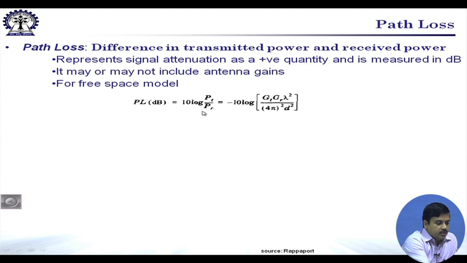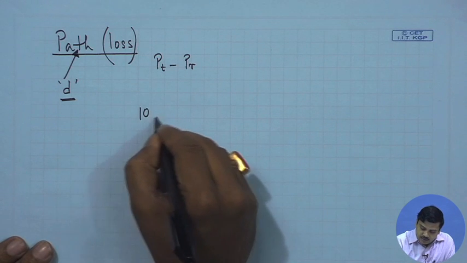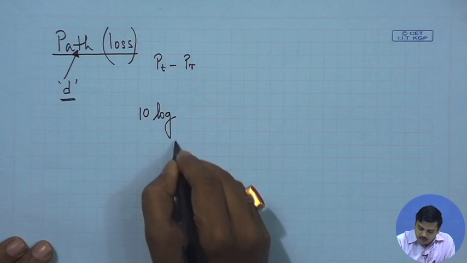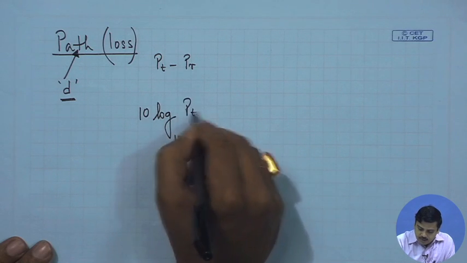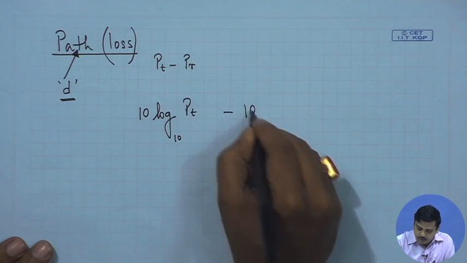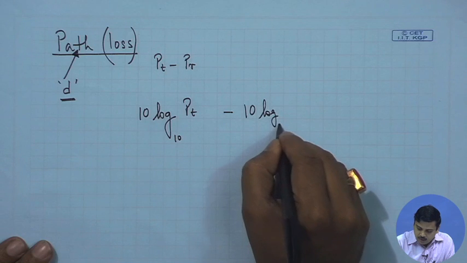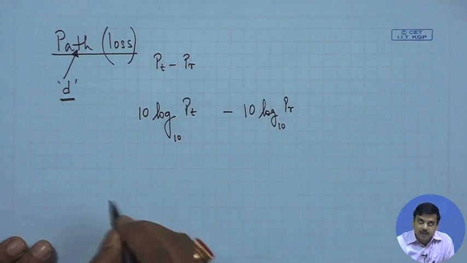So, if you open this up, you are going to get 10 log base 10 of PT minus 10 log base 10 of PR.